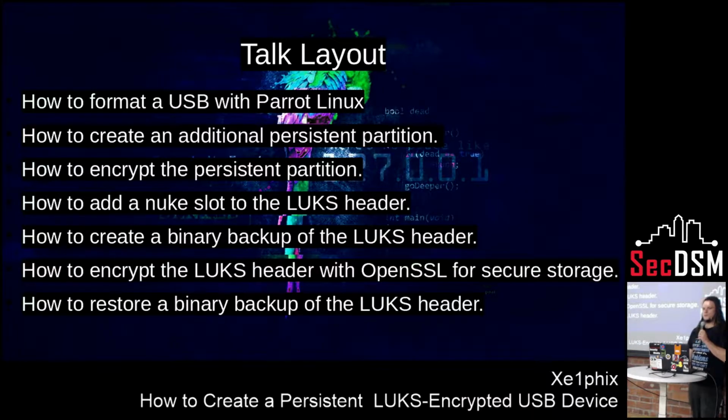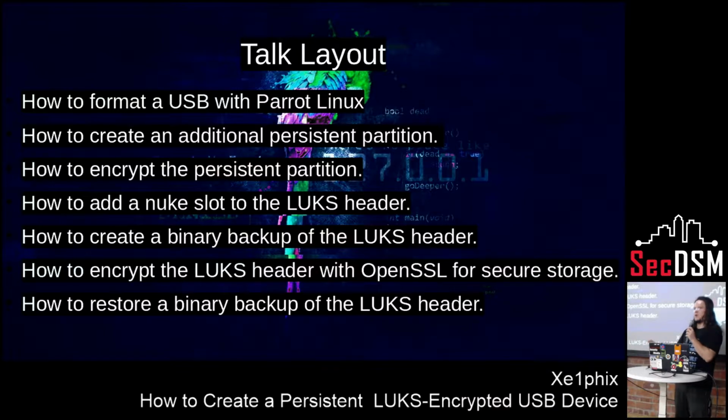First we're going to wipe the USB, format it with Parrot Linux, and then add a persistent partition. We're going to encrypt the partition and add a Nuke Slot. Once you encrypt the partition and create a Nuke Slot, it makes the encrypted partition null and void.